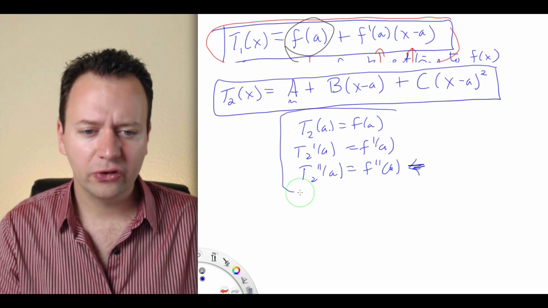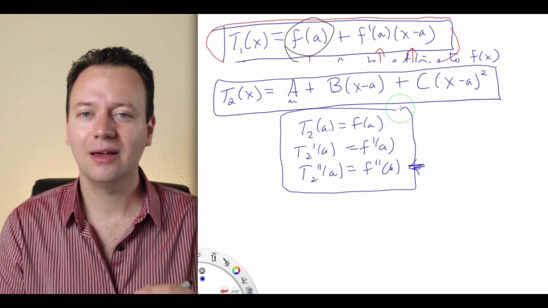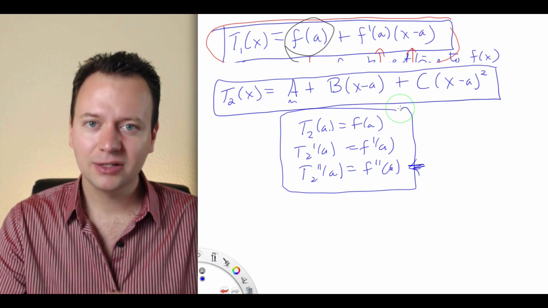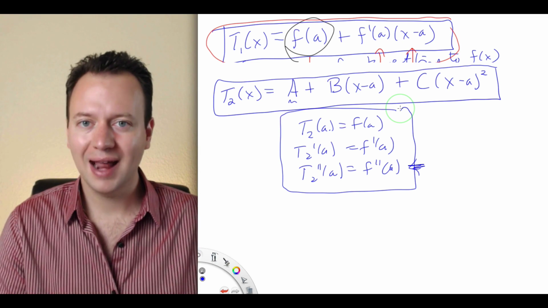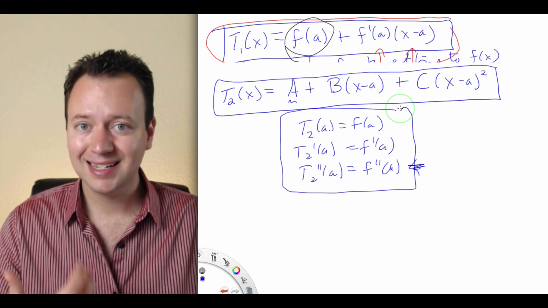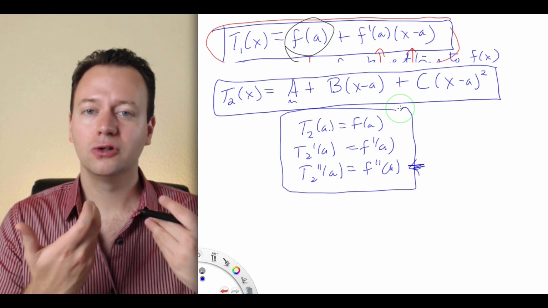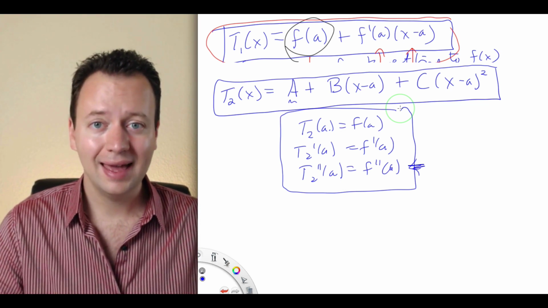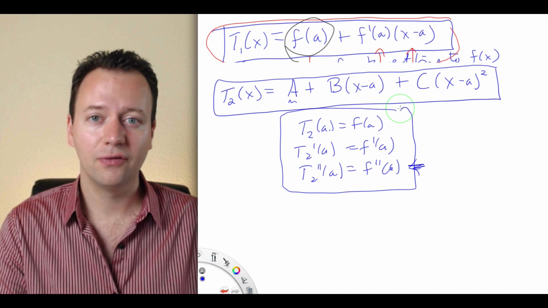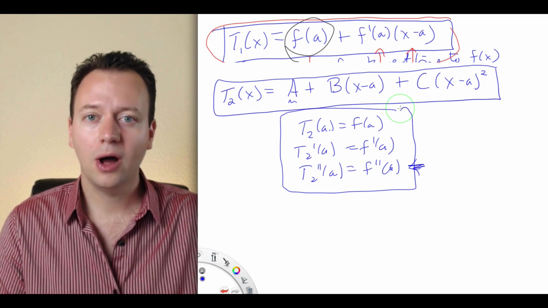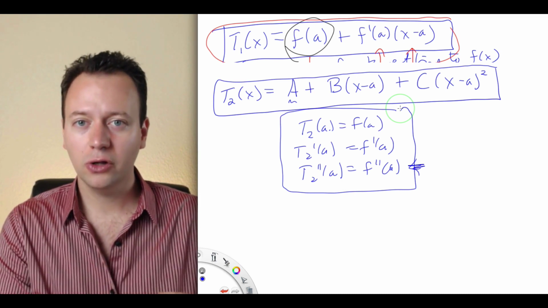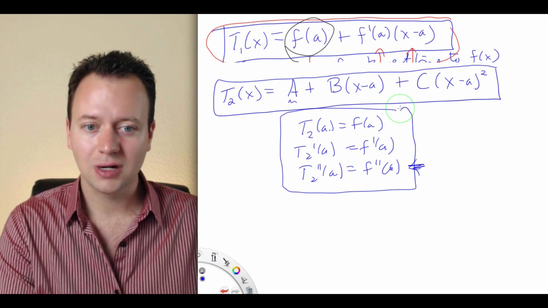So in other words, this is the single quadratic function that best approximates the function f, in the sense that it shares the value of f at the point a, it shares the derivative of f at the point a, and it shares the second derivative of f at the point a. So in terms of all quadratic functions, this comes closest to approximating the function f.